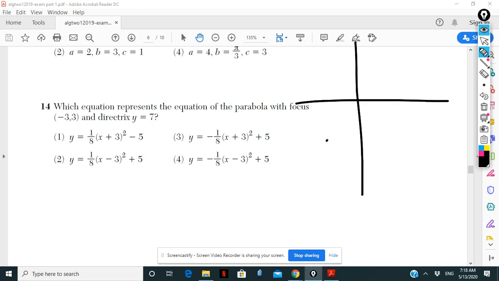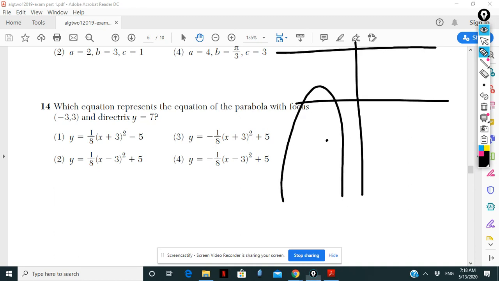The directrix should be on the other side, which is y equals 7. So the parabola should be drawn like that. The first thing I understand is that it has a reflection, so the a value should be negative. So either this one or that one. I crossed out the positive one.